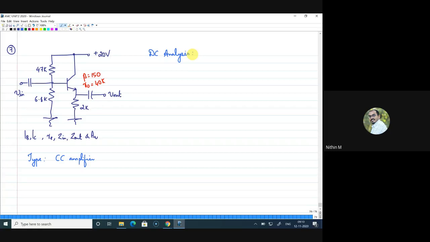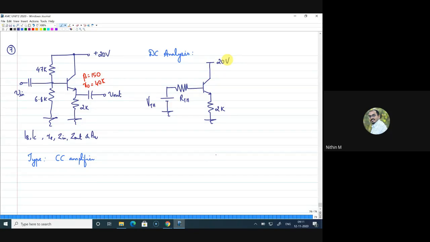The first part in DC analysis is to apply Thevenin's theorem and transform these two resistances into their Thevenin equivalent. So I'll do that first. We convert this into VTH and RTH, and this is the transistor with the same 2K resistance here, collector connected to 20 volts.